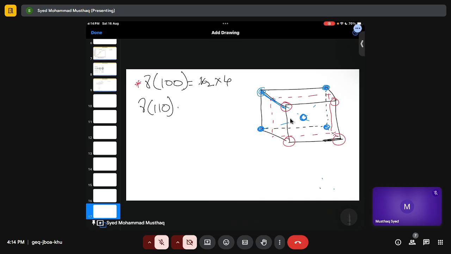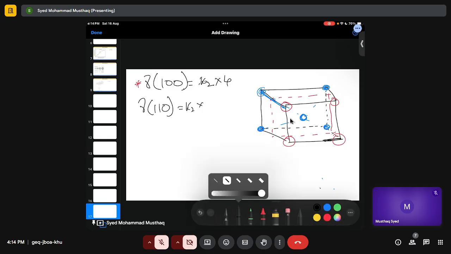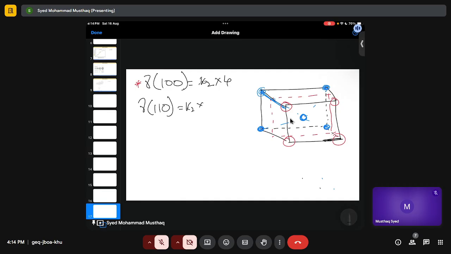Here comes the tricky part. K2 times. So this is my plane. This is my plane. Okay. So yeah. So looks like now 110, right?